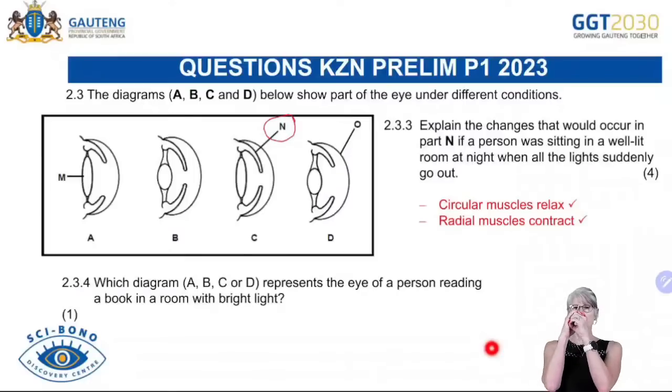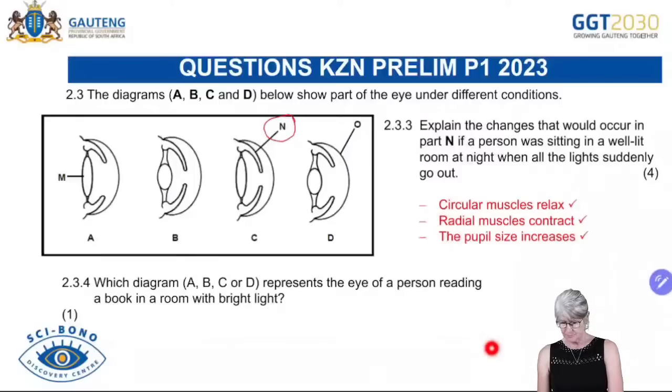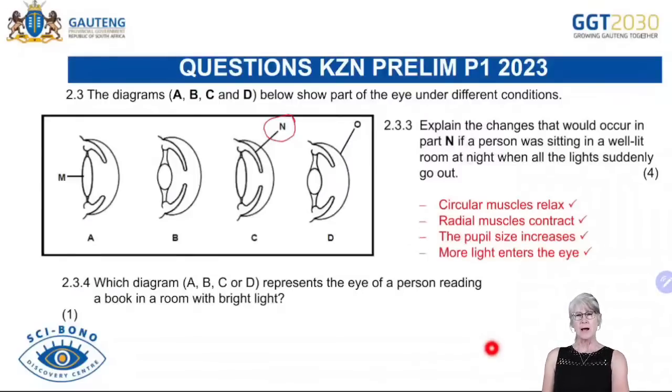So now remember there was bright light, so my pupil is small because I don't want to allow too much light in. So now my circular muscle must relax and the radial muscle is going to contract. And when that contracts, it's then going to open up or dilate the pupil to allow more light in. Okay, so the pupil size increases to allow more light to enter the eye.